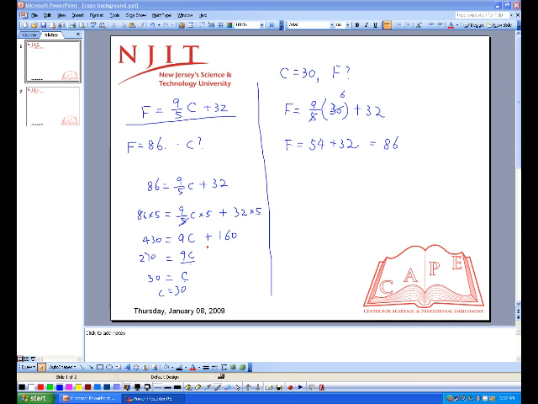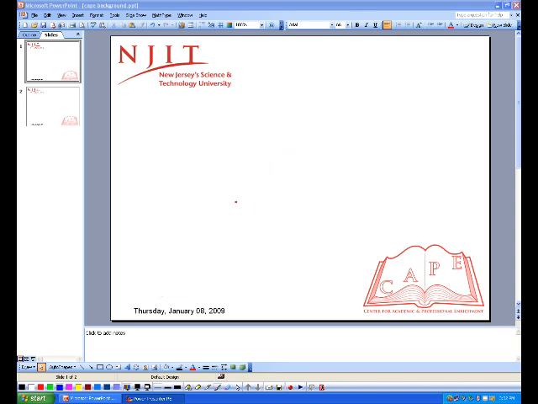Now, this shows that you can solve for either temperature knowing one of them. Now, look at the form of this equation.